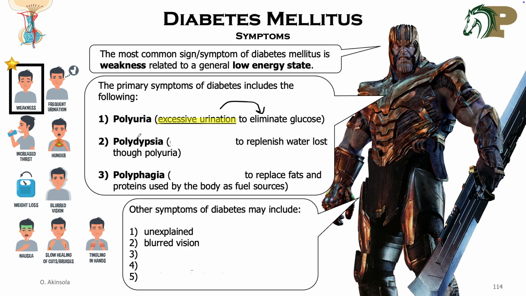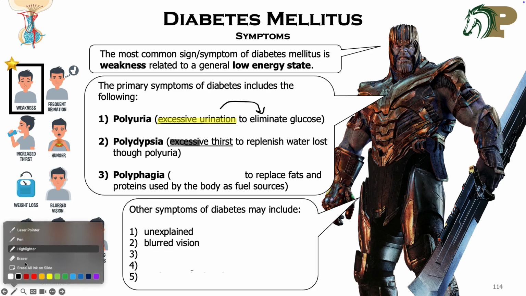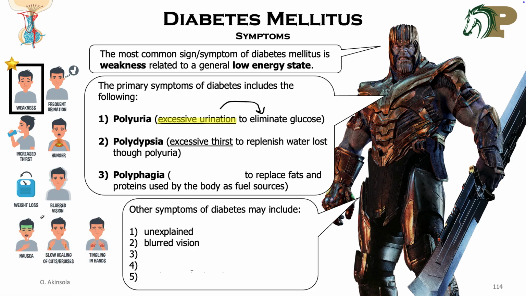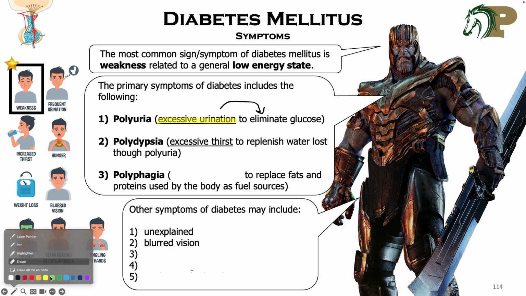But the second primary symptom of diabetes is polydipsia, which is excessive thirst, and this occurs because you're peeing off so much fluid that you're going to be extremely thirsty, and you're going to want to replace that fluid that you peed off. Okay.